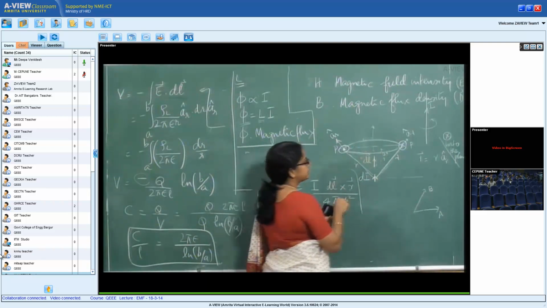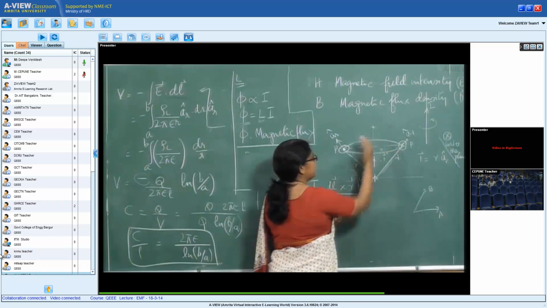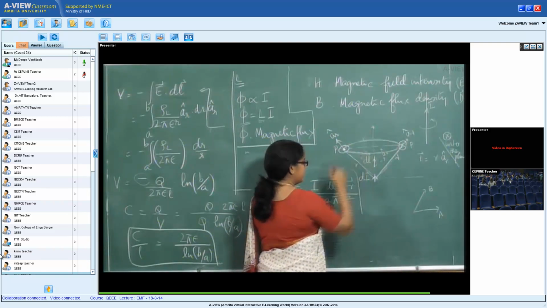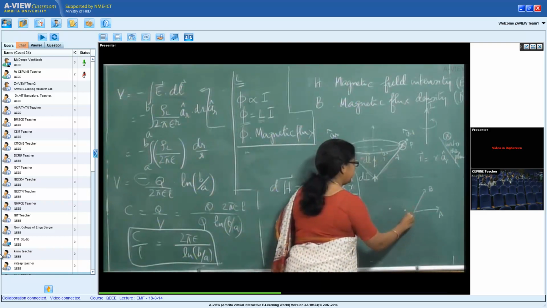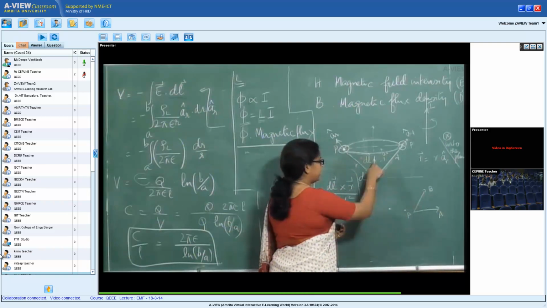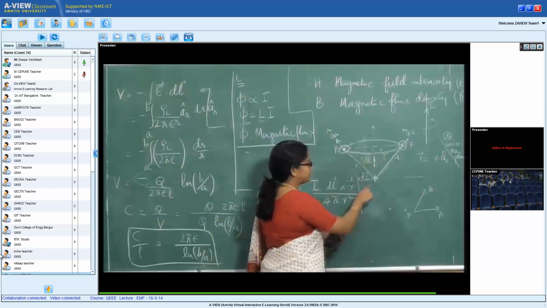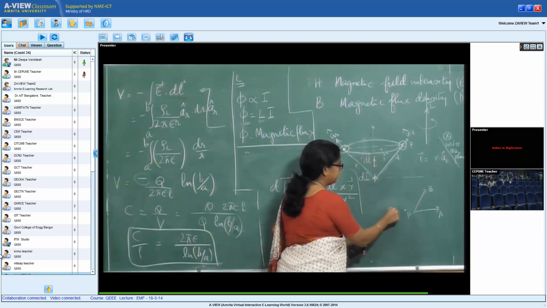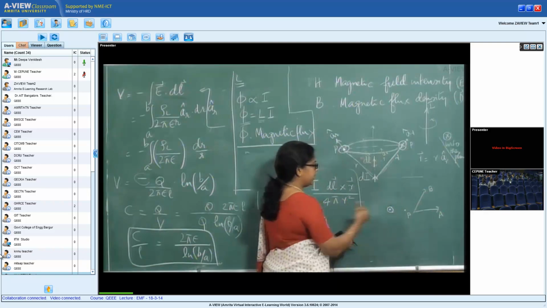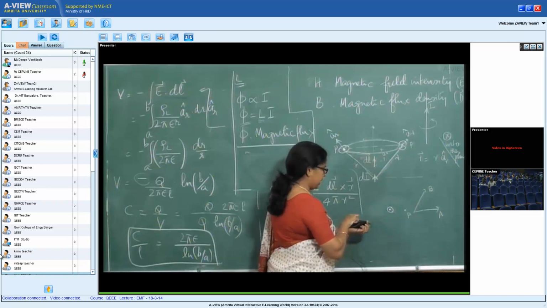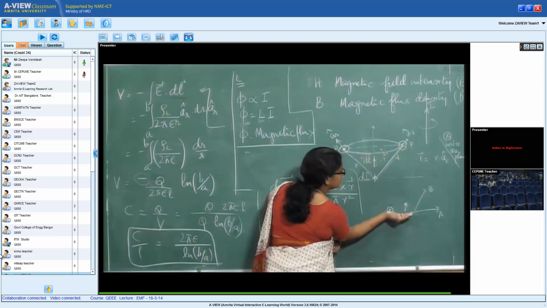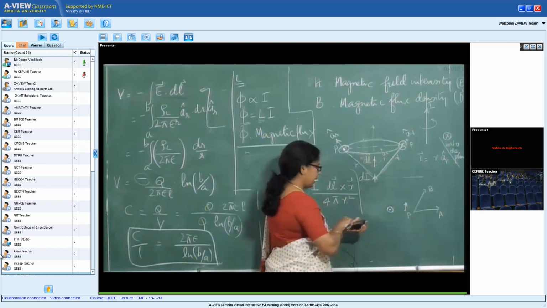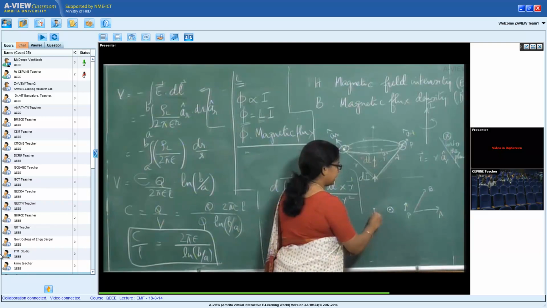It will turn out that the direction of H is changing, it is curling, it is turning. If I look from the top, this is my point P. If DI is pointing outward, my H here is in this direction, and here the H has reversed.